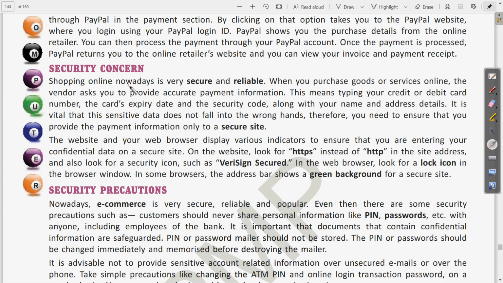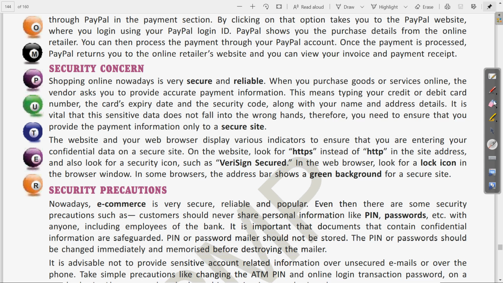Nowadays there are various frauds, and hackers and malicious persons are misusing these websites or web platforms for stealing the information of customers as well as for the payment transactions. So it is very necessary to be aware of how to keep ourselves secure and safe.